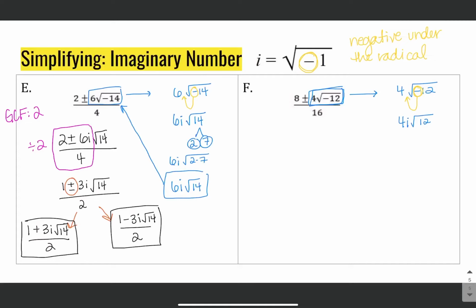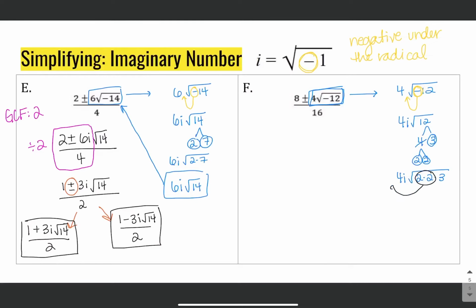Now let's break down 12. We could do 4 and 3. 3 is prime. 4 can break down into 2 and 2. I'm going to rewrite this as 4i square root of 2 times 2 times 3. Again, I've got two 2s.